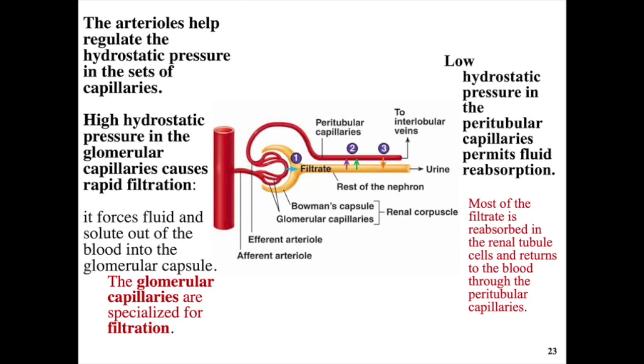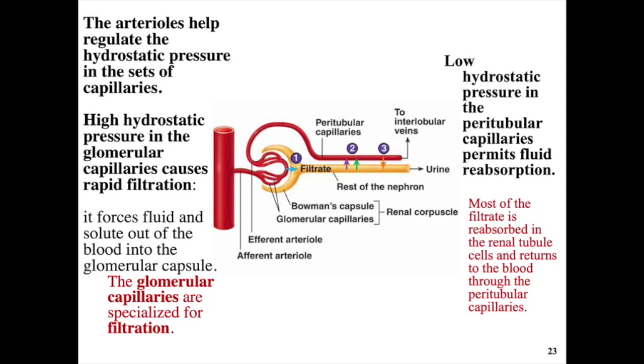So the arterioles will help regulate the hydrostatic pressure, the same way we've talked before. An arteriole can be compared to a faucet. In this case would be the afferent. Afferent is the entry, is the faucet. The efferent can be compared to a valve, to an exit valve. So let's focus on the afferent. The afferent is compared to a faucet.